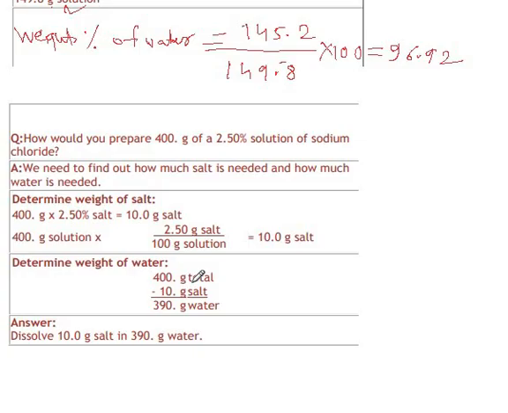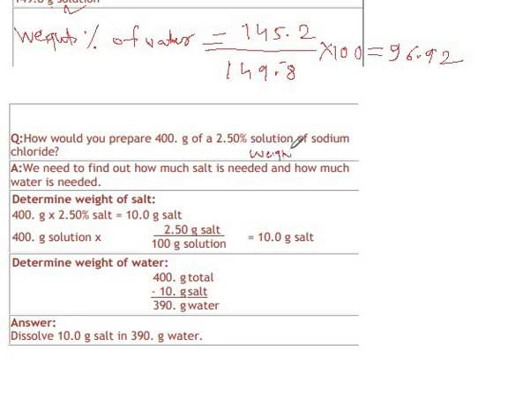Okay, so let me take one more question. How would you prepare 400 gram of 2.5% solution of sodium chloride? They have mentioned that 2.5% solution of sodium chloride, so that is weight percent.